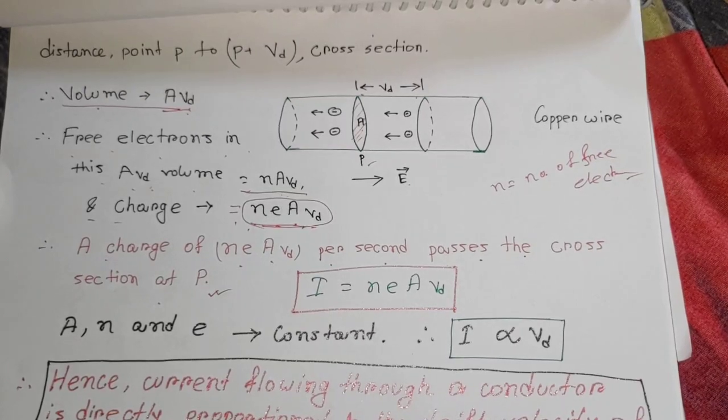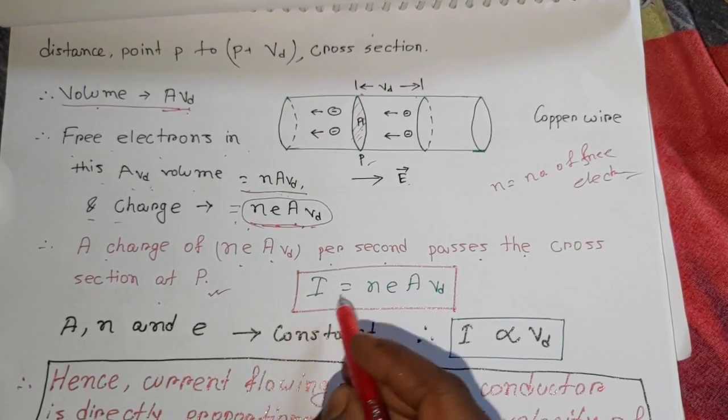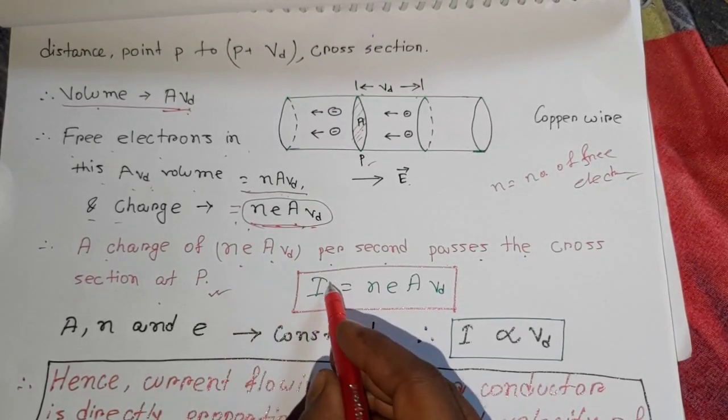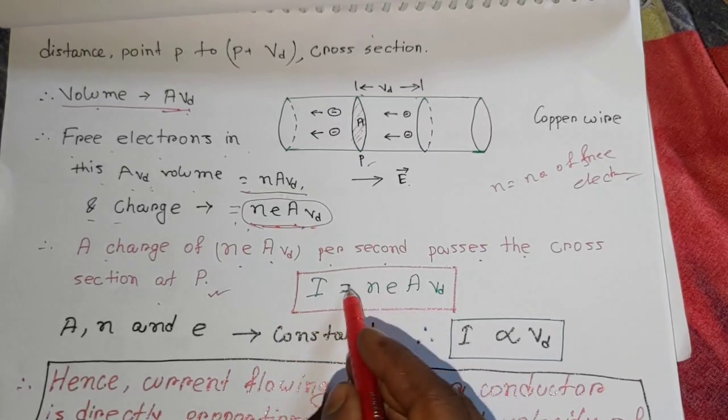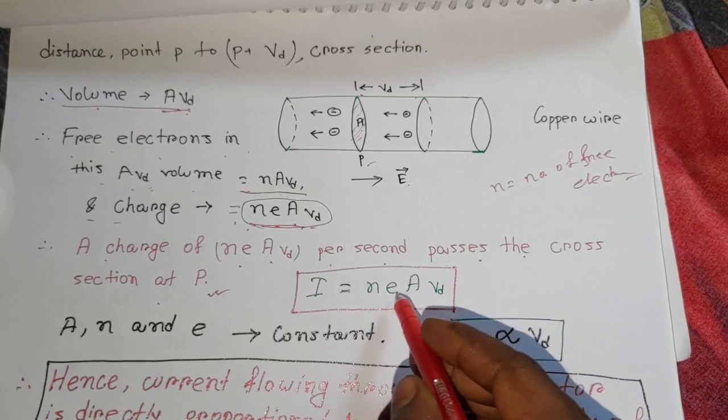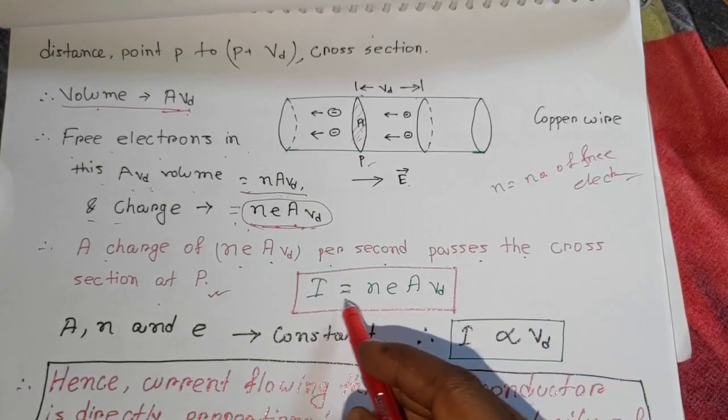That means I, the flow of charge, is equal to N e A Vd.